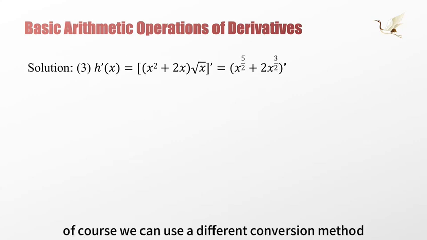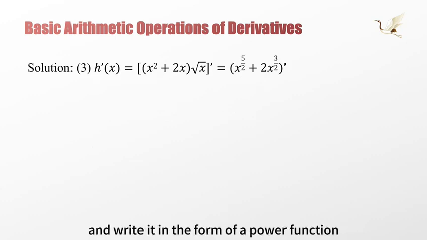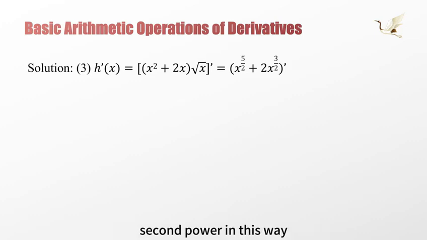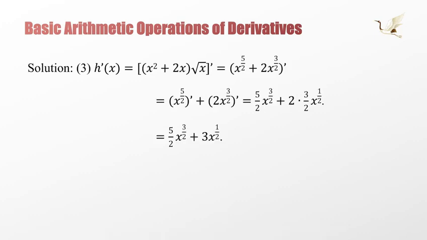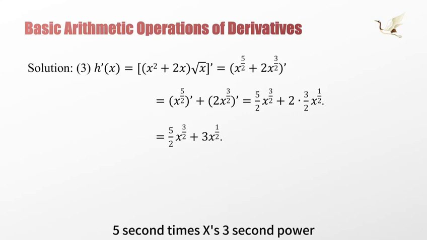Of course, we can use a different conversion method. We multiply the square root of x into the expression and write it in the form of power functions, expressed as x to the power of 5/2 plus 2 times x to the power of 3/2. In this way, h(x) is written as the sum of two functions and we can use the derivative formula for the sum of two functions to calculate the derivative. The derivative of x to the power of 5/2 is 5/2 times x to the power of 3/2.